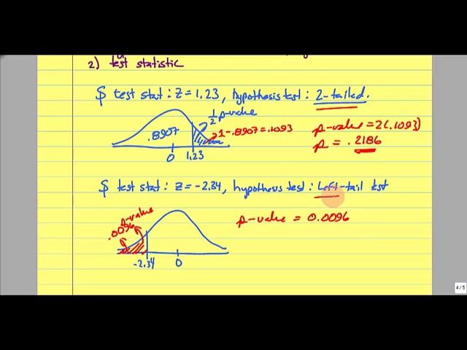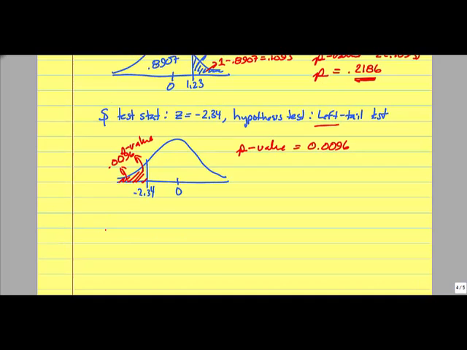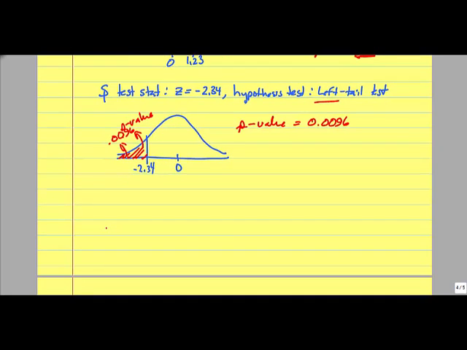Now for the left tail test, I always sketch the area to the left. Now along the same lines, if I have a right tail test, I always sketch the area to the right for my p-value. So suppose I have a test statistic here. And for this one, let's let my z-value equal negative 0.89. And my hypothesis test would be a right tail.